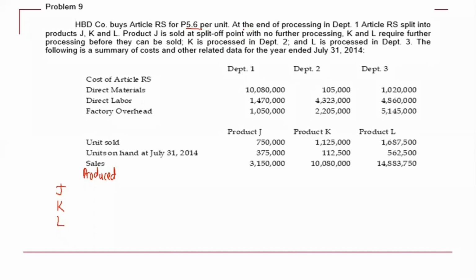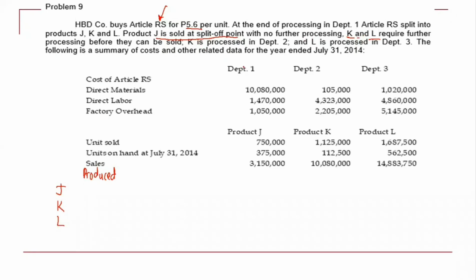At the end of the processing in department 1, article RS is split into products J, K, and L. So input pala si article RS. So ang ating major products are J, K, and L. Product J is sold at split off. So agad-agad pala nabebenta na siya. With no further processing. K and L require further processing before they can be sold.